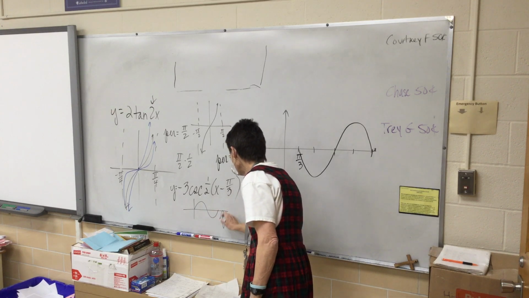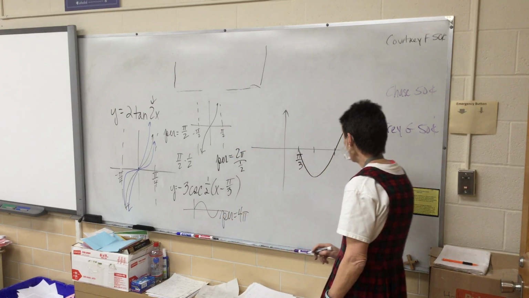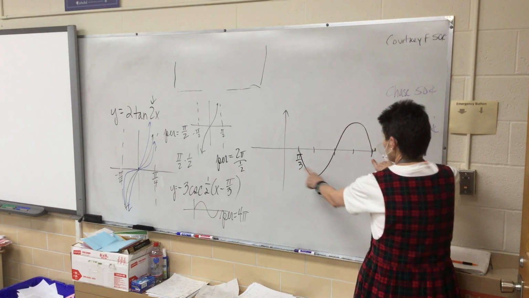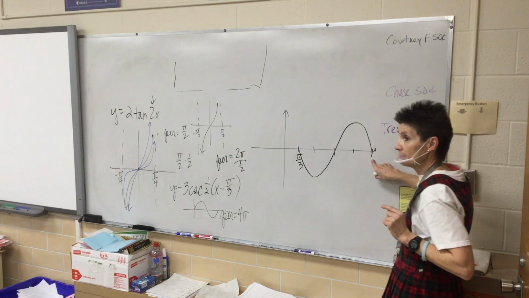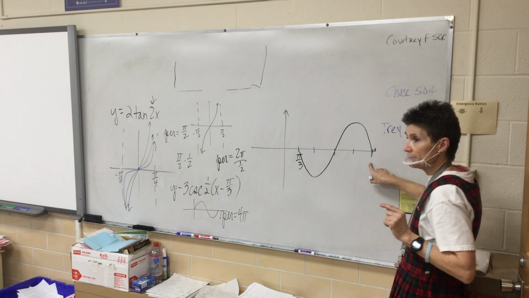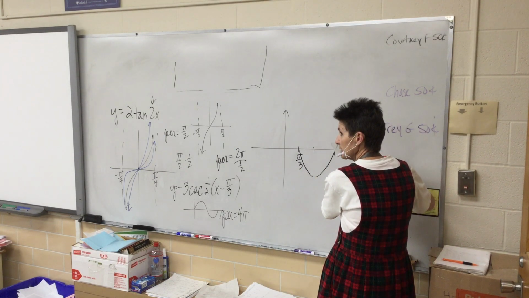So the period is 4 pi. Now, that means that from here to here is 4 pi. Right? So what's that going to be? Figure out what that is. If this distance is 4 pi.